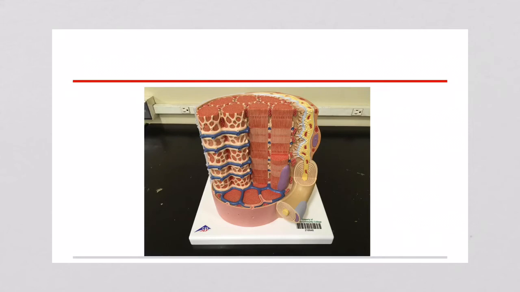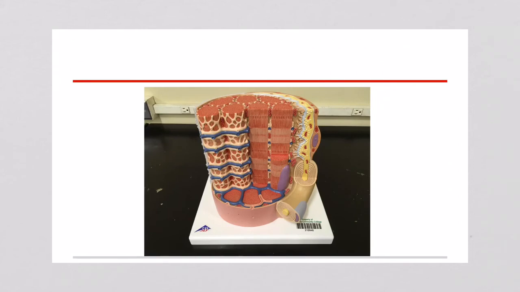We can see the triads formed of the terminal cisternae and the T-tubule. And it's important to note that in this model, the sarcoplasmic reticulum is beige, and in the illustrations from our textbook, the sarcoplasmic reticulum is blue. So don't get confused there.